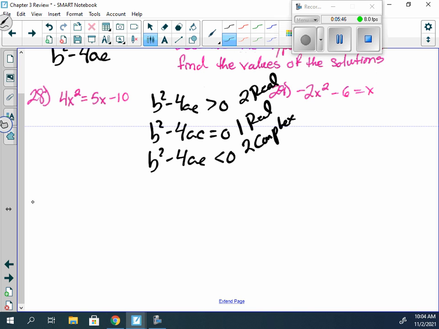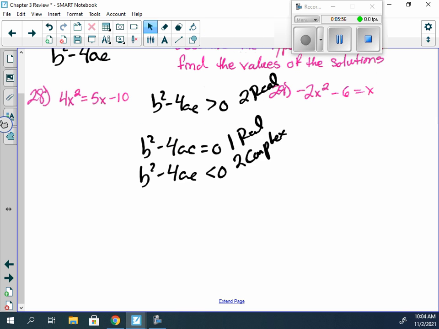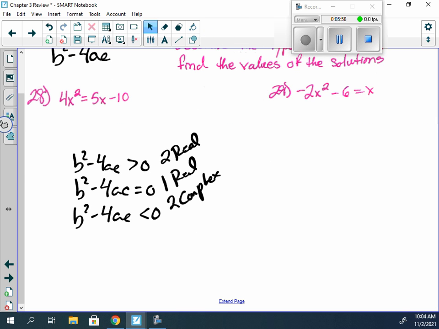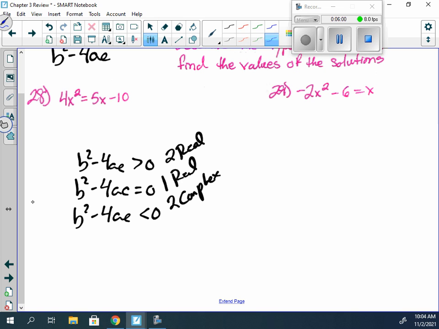Now, for looking at number 29, move these over here. We do need this equal to 0 so we can have the correct values of a, b, and c with their signs. We could get the values, but we may not have the correct signs. So we need this equal to 0.